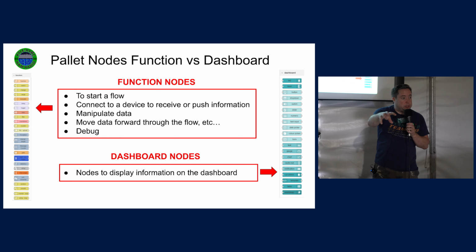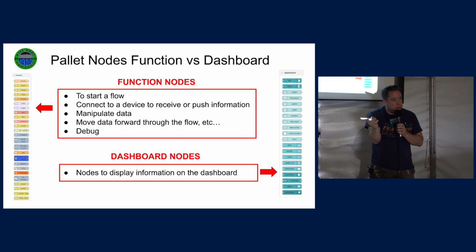So if you've got a gauge that goes 1 to 100, right? And it's a power gauge, and the value coming through that flow from the amp, let's say, is 50.